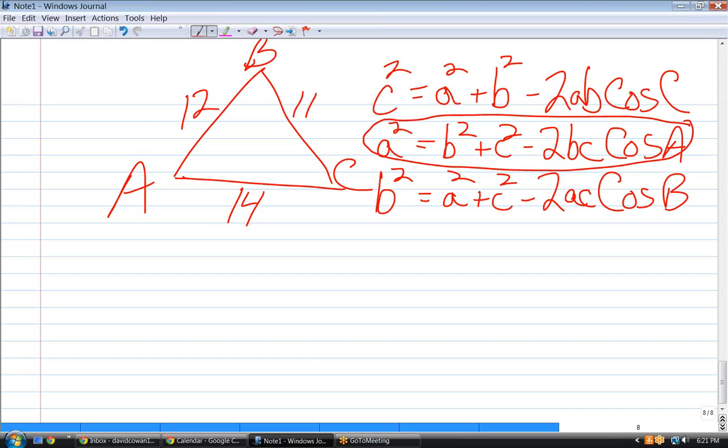So tell me what equation I'm going to write. Is it a squared equals, what is A? A is 11.